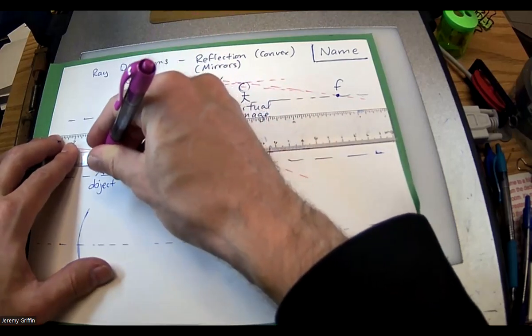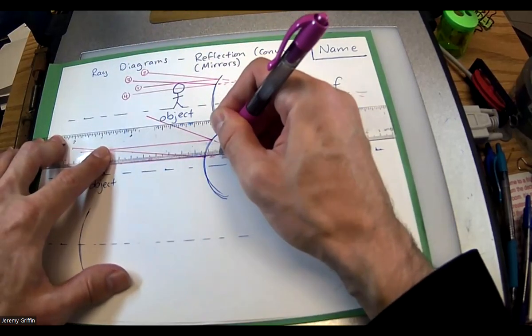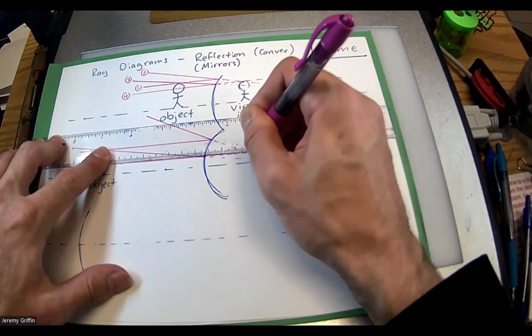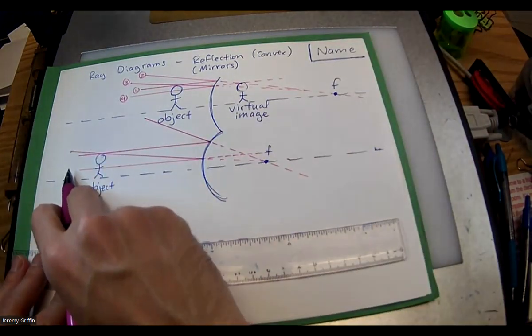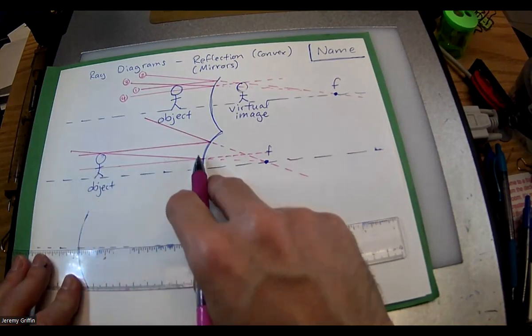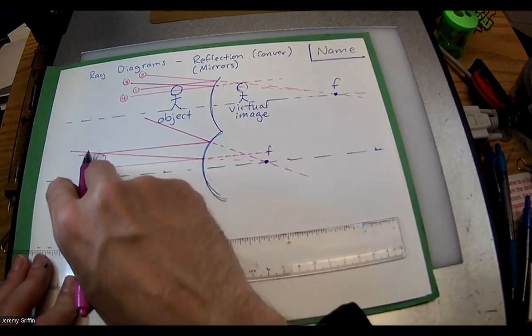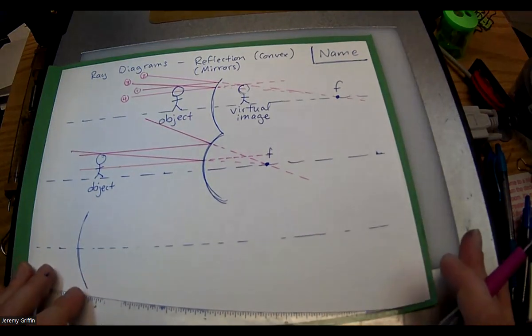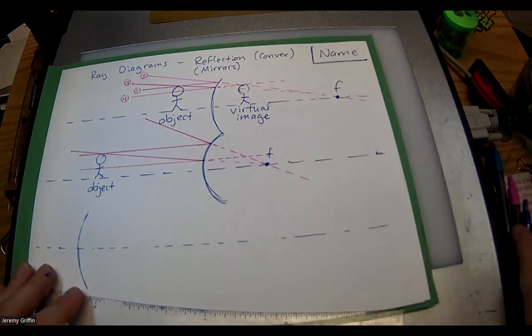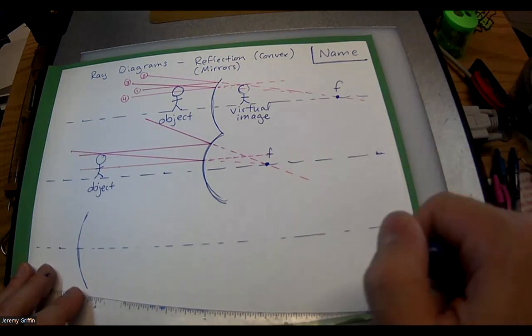And that one I'll extrapolate backwards behind the mirror. Or if you had aimed a laser light parallel to the ground at that point, it would have bounced off and just skirted the top of his head. You guys got that?